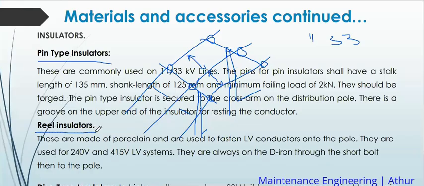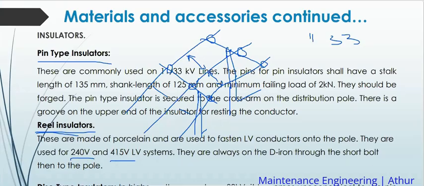Now these real insulators are the other ones I explained when I was explaining the secondary distribution, when I was comparing A, B, C with the other bare conductors. I said the bare conductors may need many accessories, and I mentioned a real insulator. That is where real insulators are used on LV, 240 to 415, in the secondary distribution.